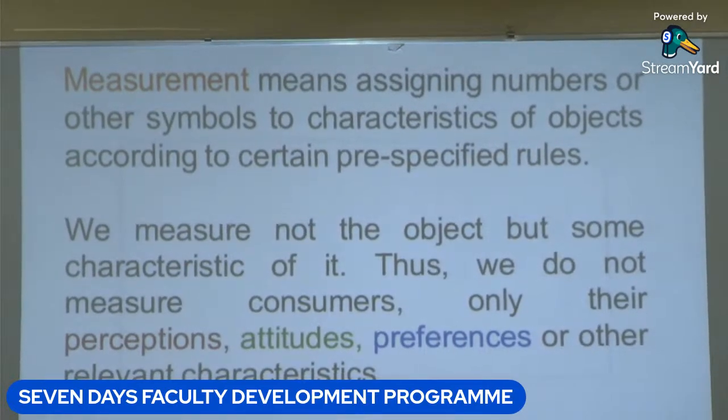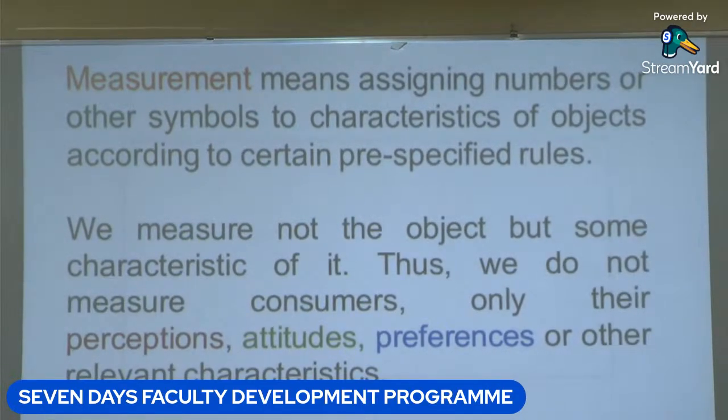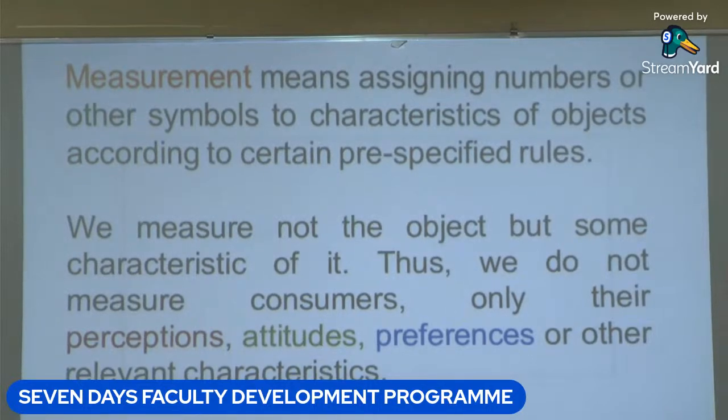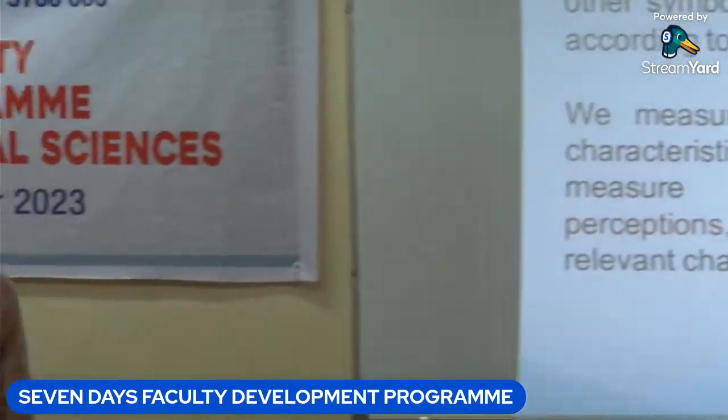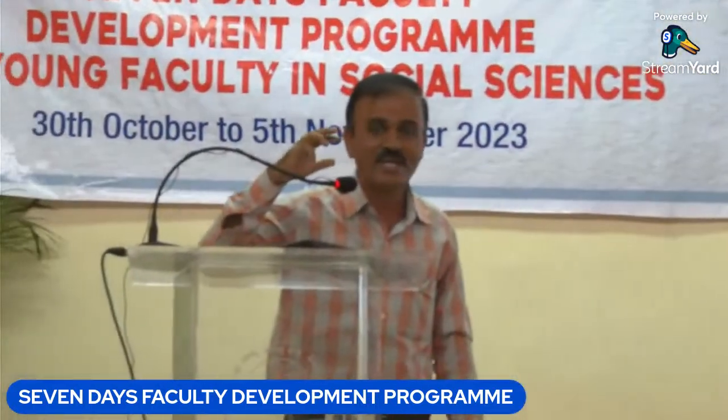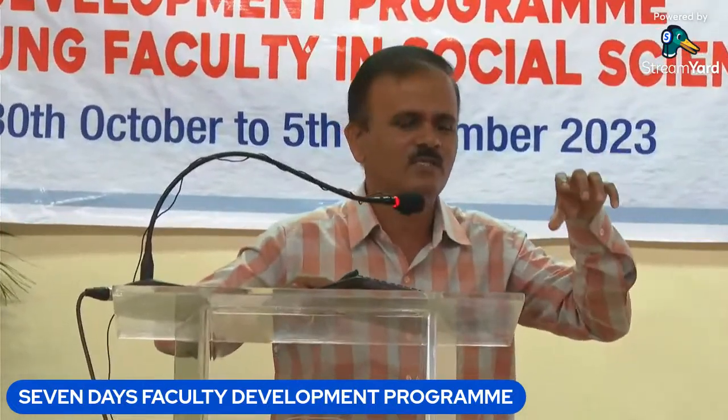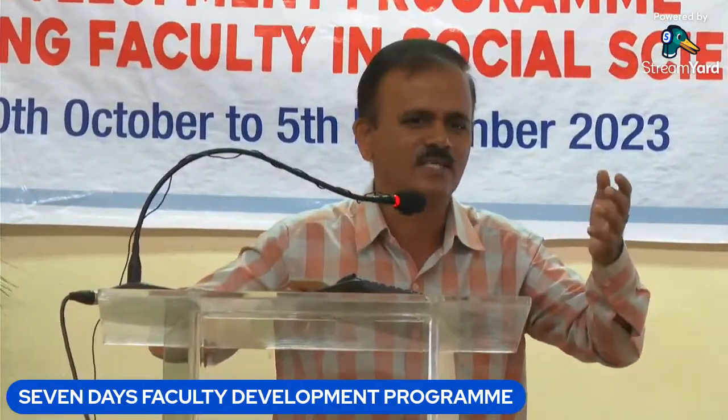So for example, we measure not the object but some characteristics of it. That means in the case of abstract or qualitative variables, we are not measuring the variable itself. Actually we are measuring the attribute, quality, or characteristic of the variable. For example, earlier I told you about gender. Gender is a qualitative variable. It possesses a quality of gender, sex.